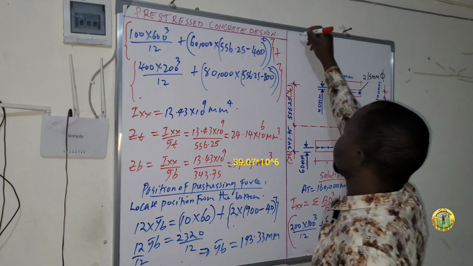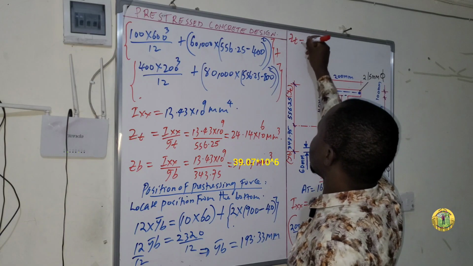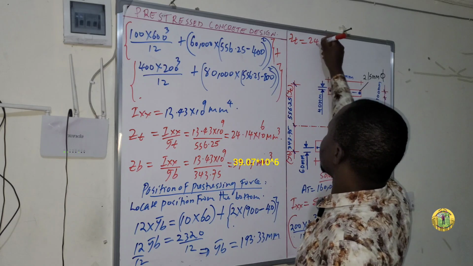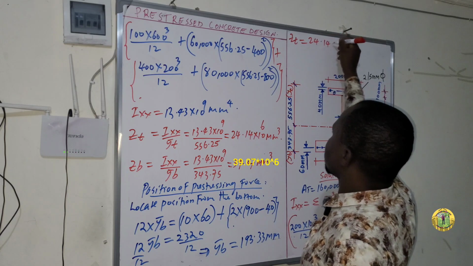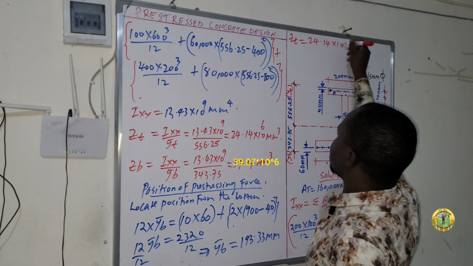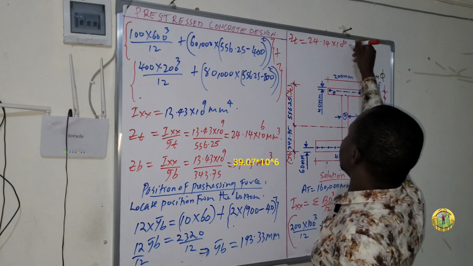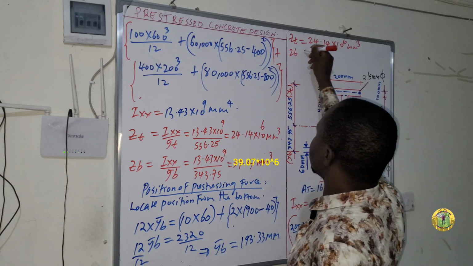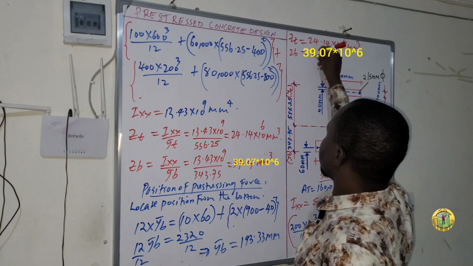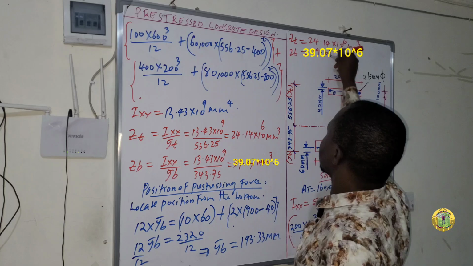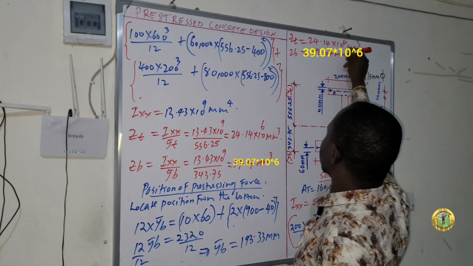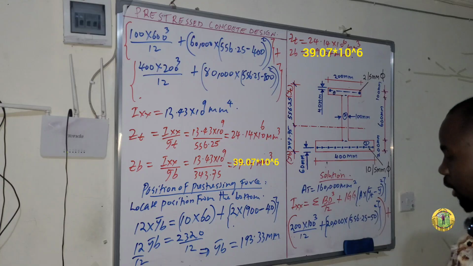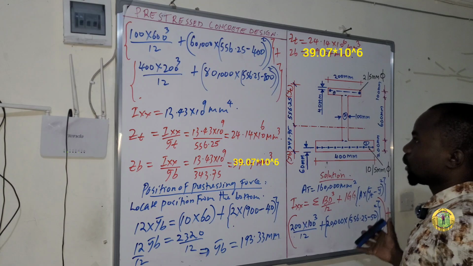So we have Z top, which is equal to 24.14 times 10 to the power of 6 millimeter cubic. And then we have Z bottom, which is equal to 39.07 times 10 to the power of 6 millimeter cubic. So we now calculate the eccentricity.